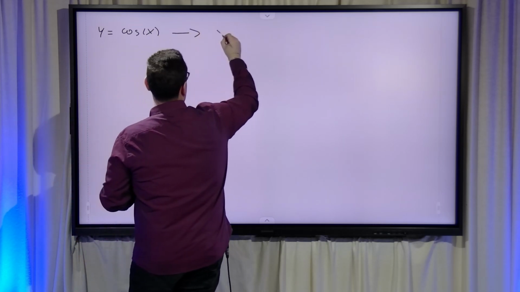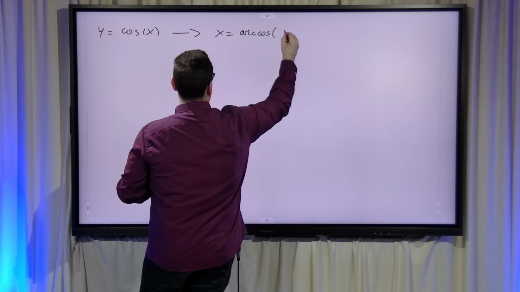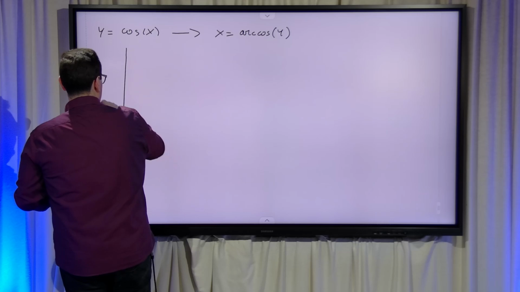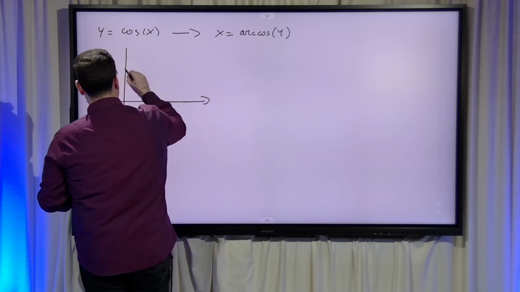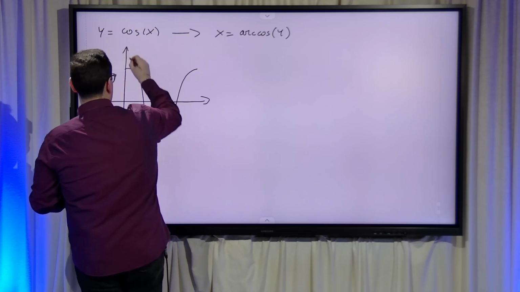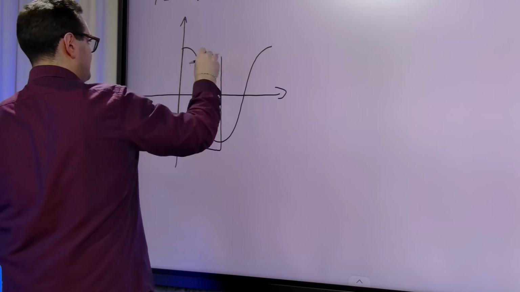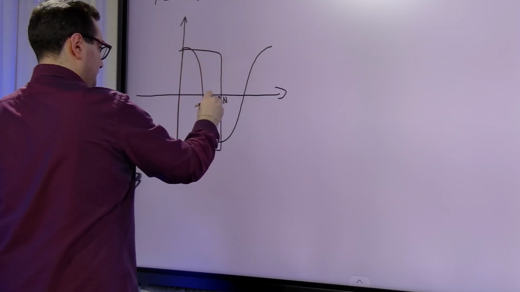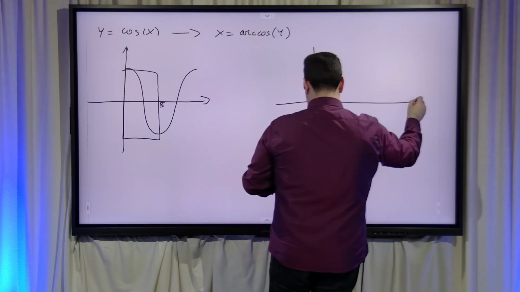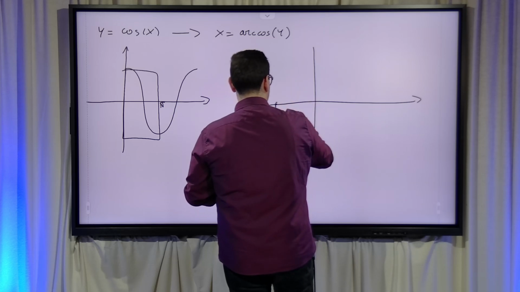I can write x as the arc cosine of y. And I can do the same as before. So I'm going to restrict the cosine to an interval, this one in this case. And I get the arc cosine in this way.